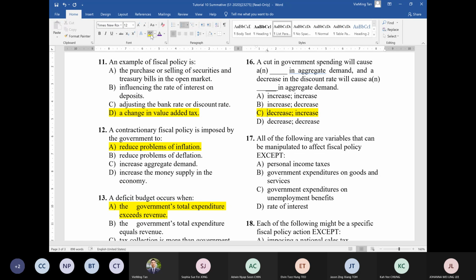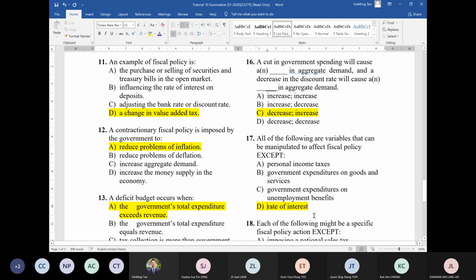Okay, number 17, Zizwan. All of the following are variables that can be manipulated to affect fiscal policy except D, rate of interest. Yes, rate of interest, because rate of interest is considered monetary policy, which we have not covered.